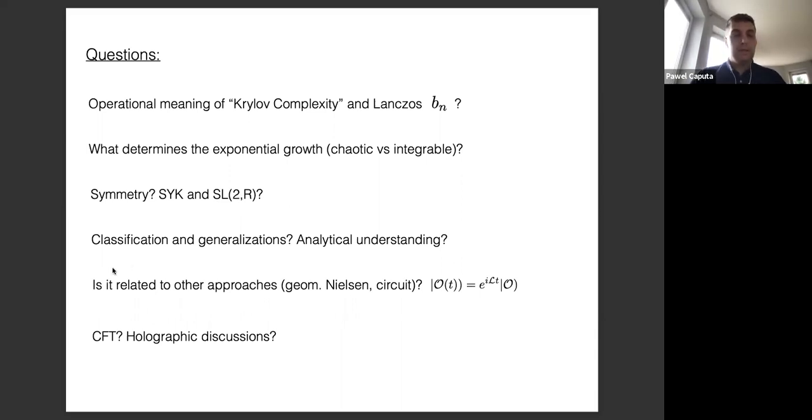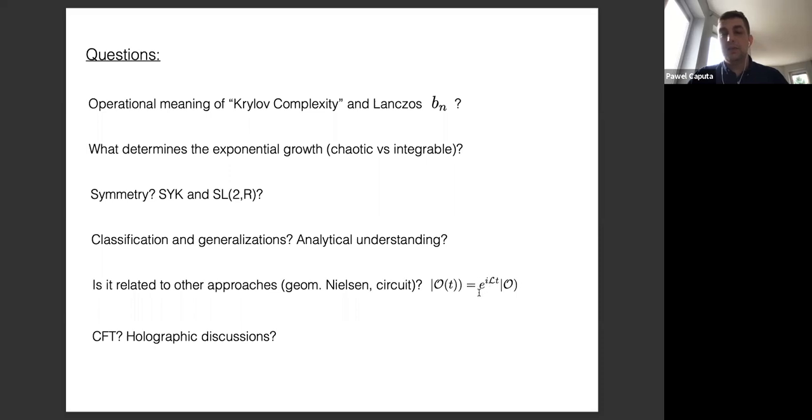And finally, we wanted to understand if this Lanczos complexity could somehow be thought of as some kind of circuit complexity. I just told you that you will not need it, but all you need to know about circuit complexity is that we tend to think about certain states as being created by a circuit, starting from some initial state to some target state at time t.